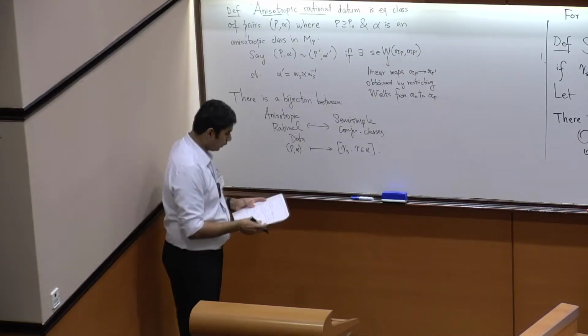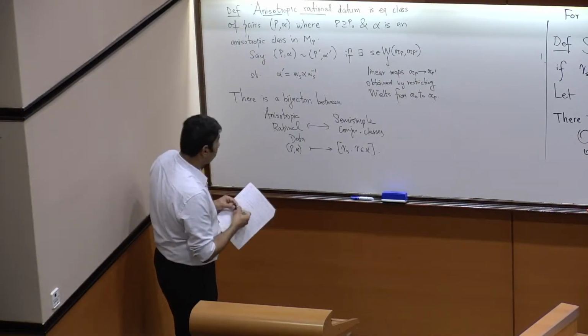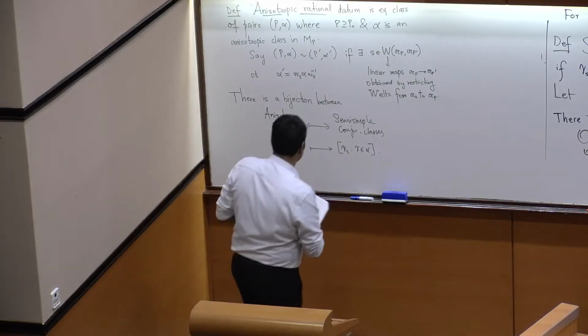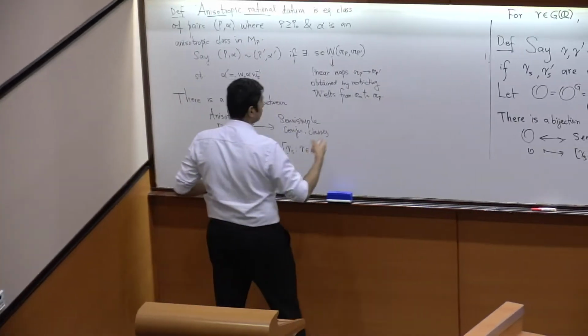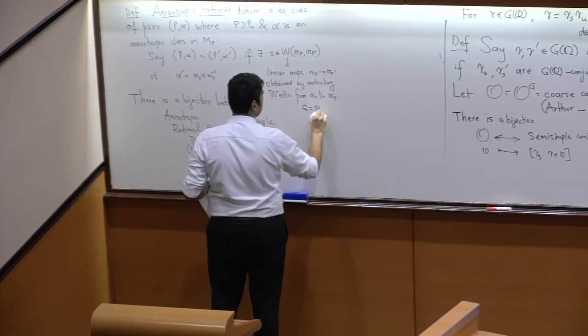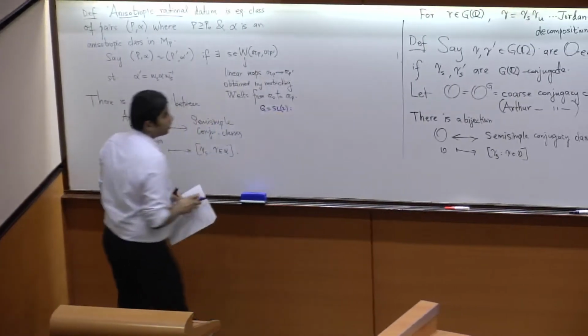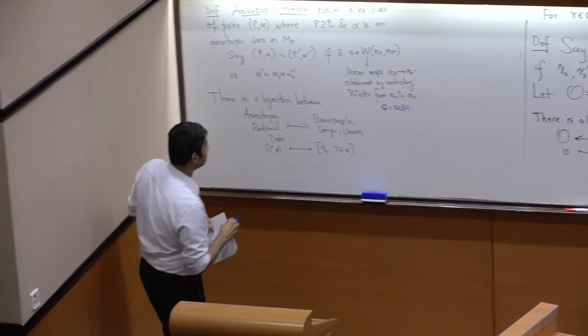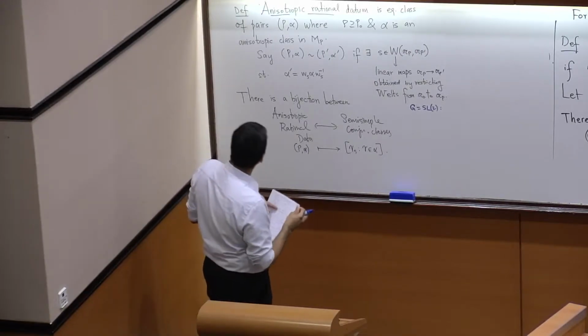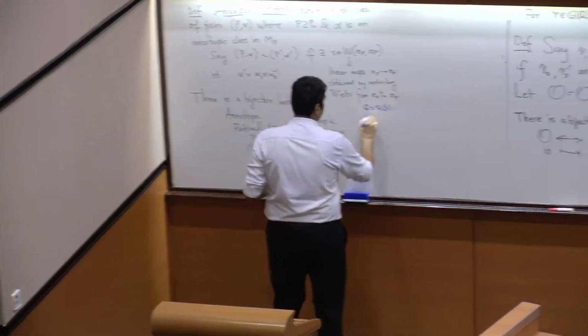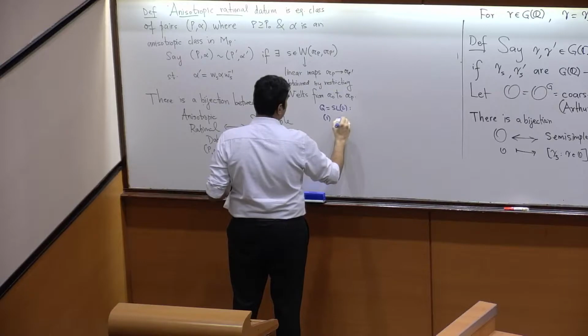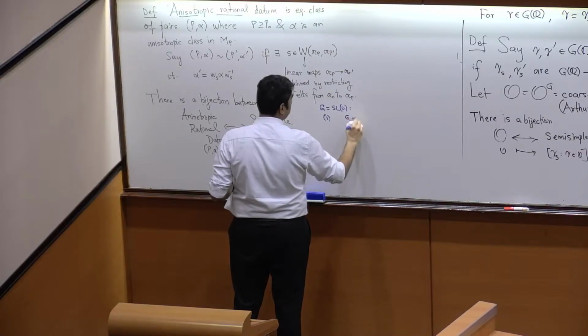Okay, so for SL2, in those three cases, what are the corresponding anisotropic rational data? In the first case, P is irreducible. So in that case, it is anyways anisotropic. So the first case is just (G, alpha).